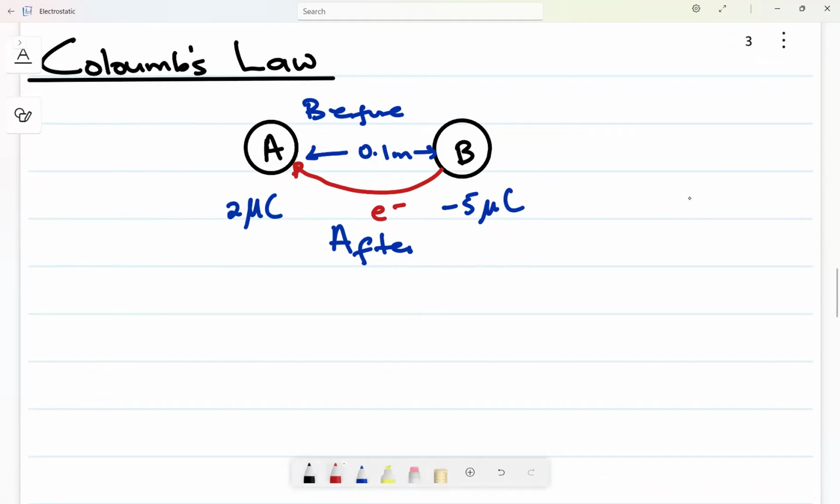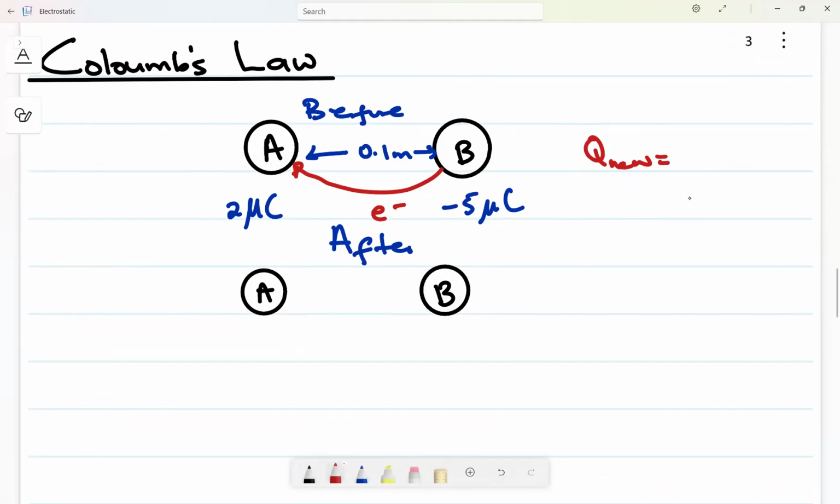Therefore, after contact, what will happen? This one A, this one B. There will be a new charge, Q new.